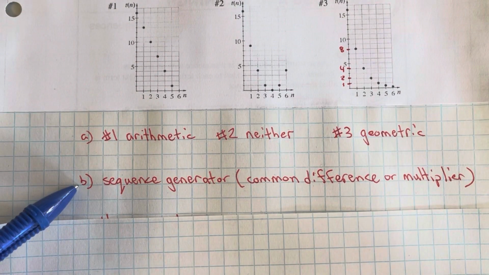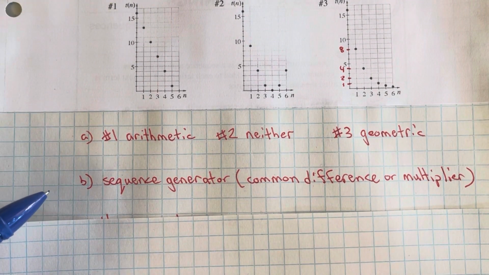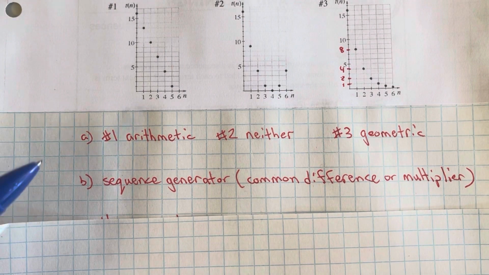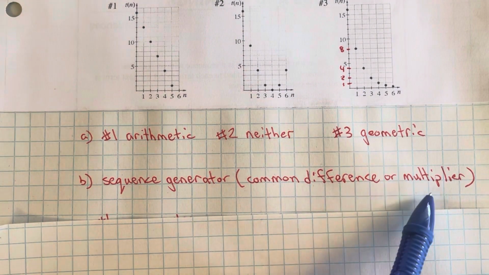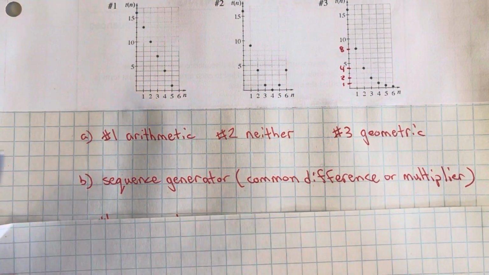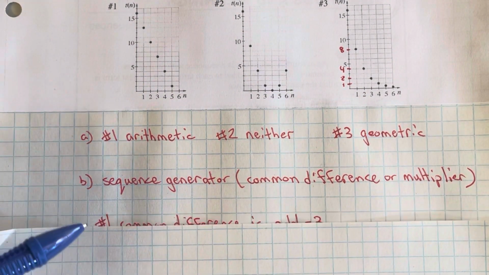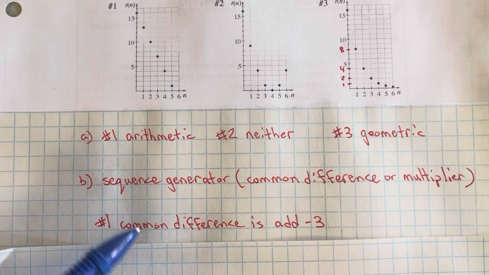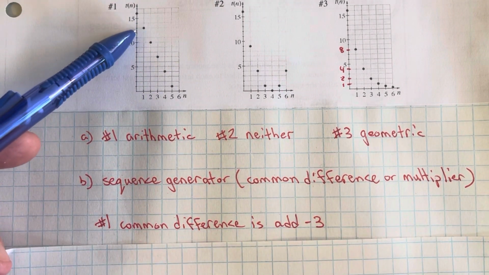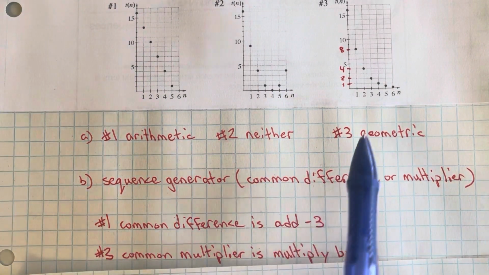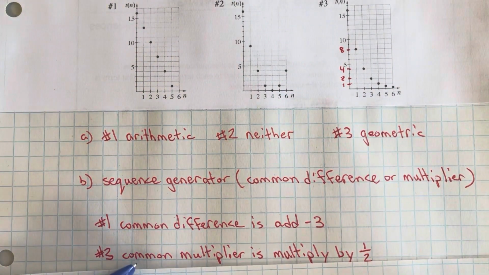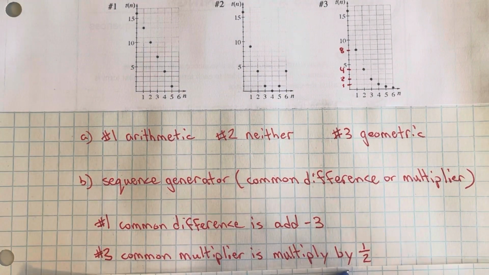For part B, if arithmetic or geometric, describe the sequence generator, so we're looking for the common difference or the common multiplier. The first one is arithmetic, and the common difference is adding -3. For graph 3, the common multiplier is multiplying by 1/2.